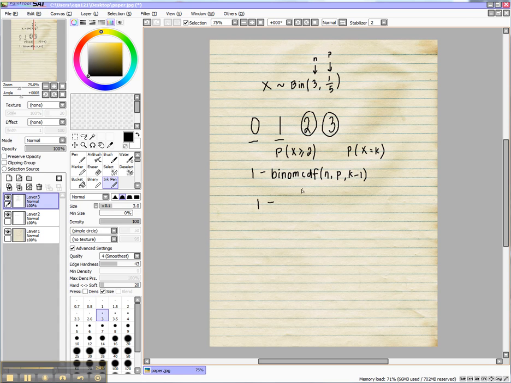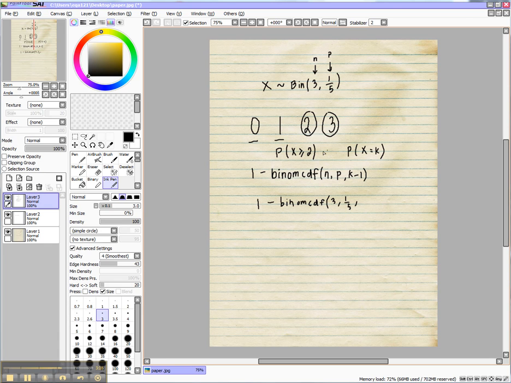So let's identify all of the information that we have for this particular question. It's the binomial, again, CDF, cumulative, of n is 3, and the probability is 1/5, right? And the general rule for these questions that ask for the right side is that the k, or the last part, is k minus 1.